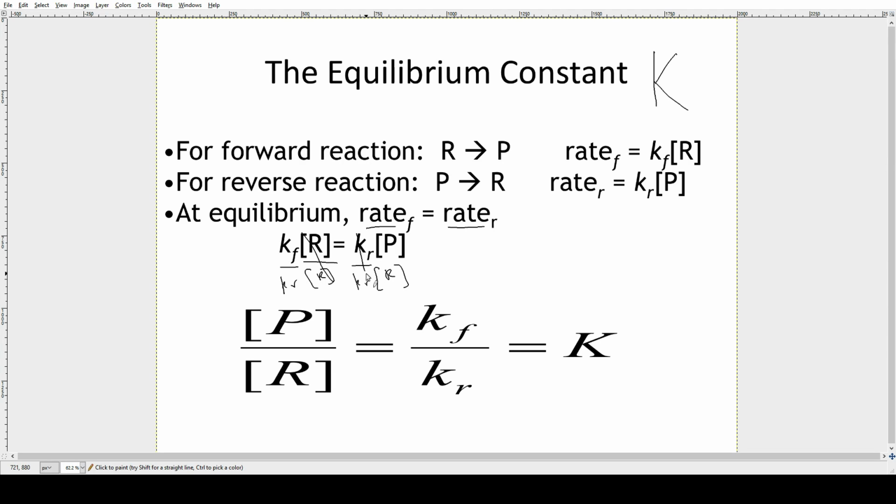Those go away, and you end up with this. The concentration of the products over the concentration of the reactants is also equal to the rate constant ratio, which is also equal to our new best friend, the equilibrium constant.